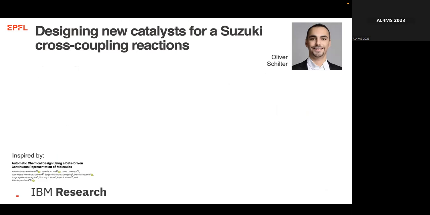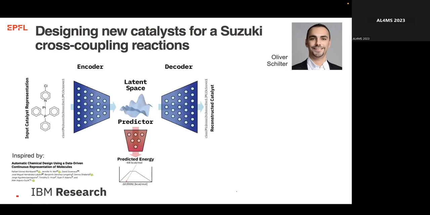He was focusing on Suzuki cross-coupling reactions, using a variational autoencoder scheme as inspired by this fantastic publication by Gomez-Bombarelli et al. on automatic chemical design.